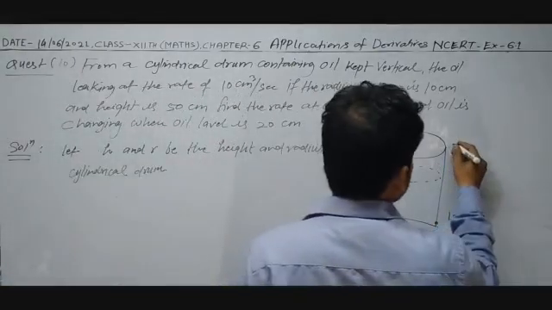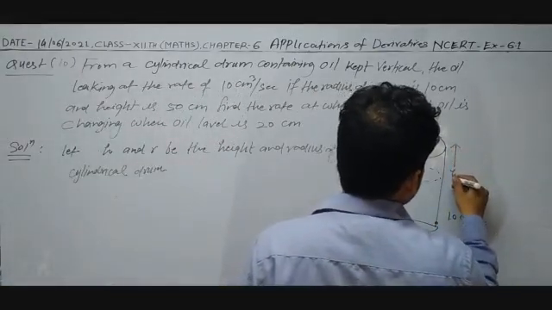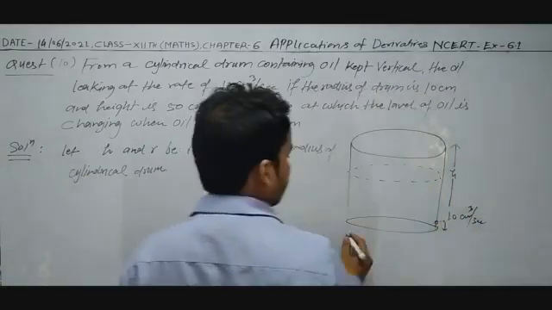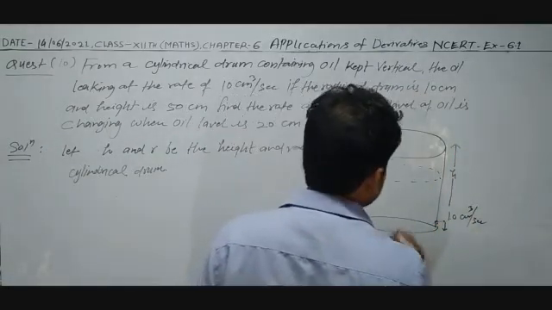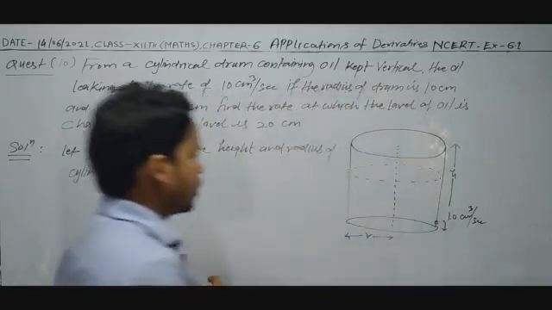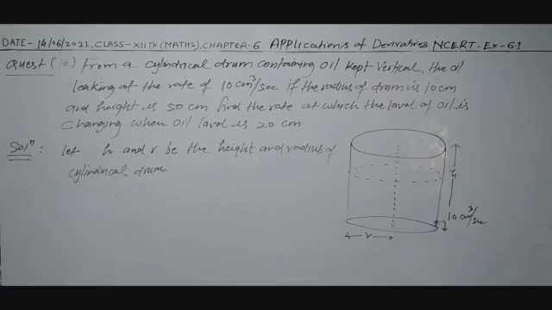So see here, suppose this is the height and this is the leaking part and this is the radius. So what will be its volume?